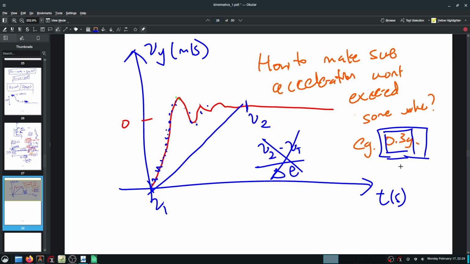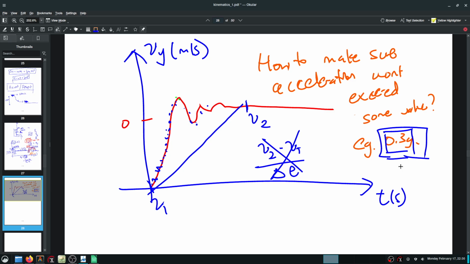Okay, how do you do this? Of course, there are things you can do. You can train the pilot so that you won't have this funny velocity graph that feels very uncomfortable. That's one way. And then you have to design your plane a certain way so that your acceleration won't exceed this value.